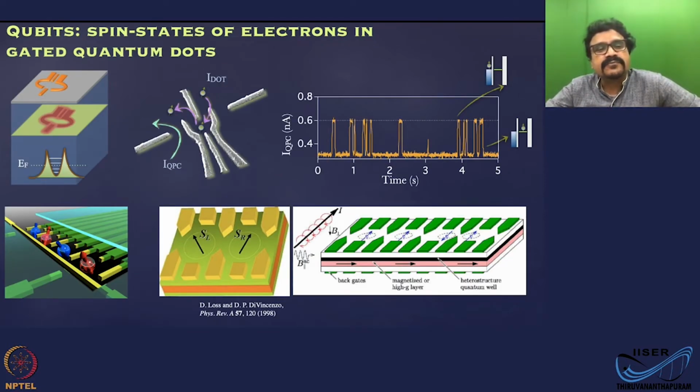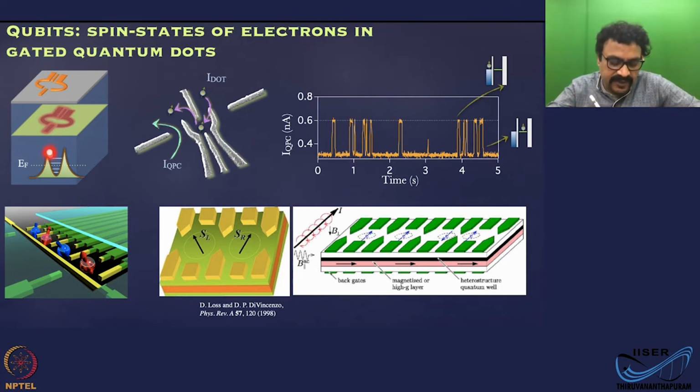Now, this is just to give you a feeling. This also we have discussed. So you have some sort of two-dimensional electron system. Say, for example, it could be gallium arsenide, aluminum gallium arsenide system. And when you apply voltages on lithographically defined gate patterns on the surface, you can confine electrons in the middle.